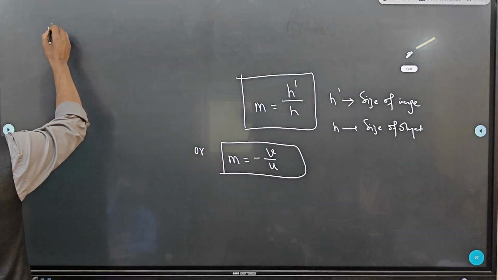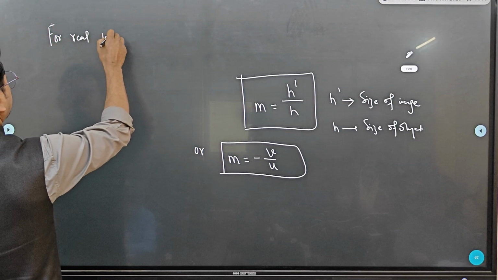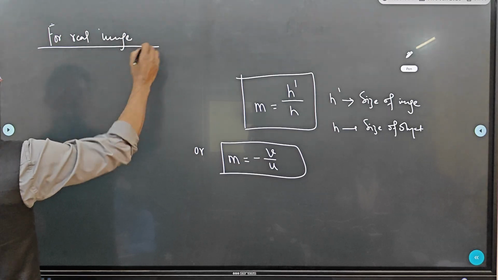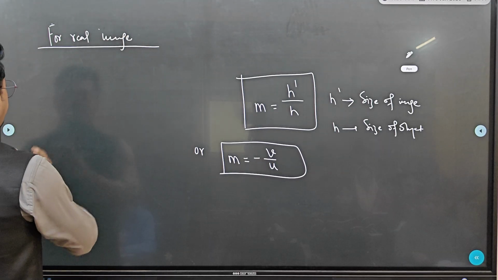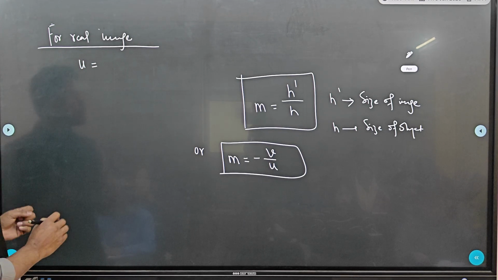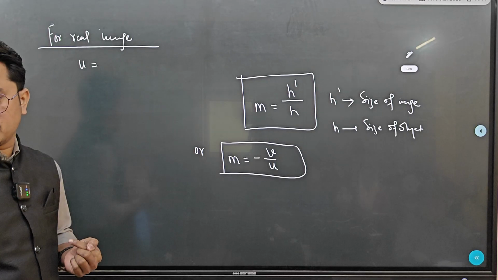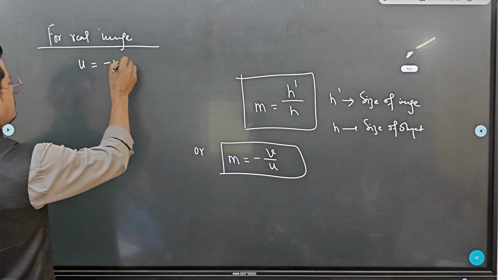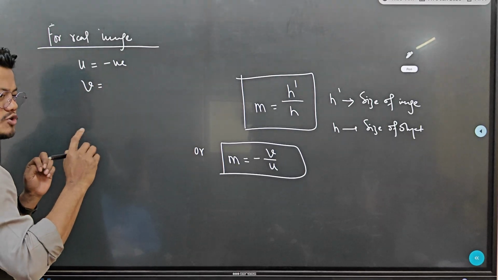So let's try to understand at first for real image. See here, in case of lens, what should be the object distance? I told you already, object distance is always negative. Very good. And what should be the image distance for real image in case of lens? Should it be plus or minus?